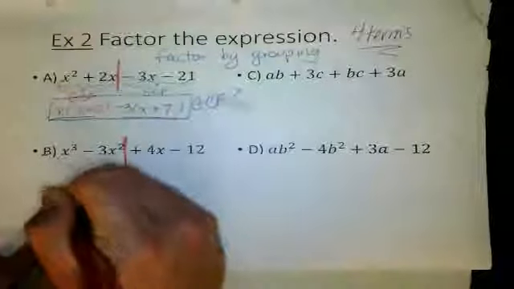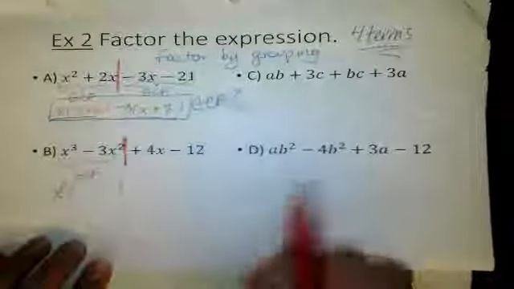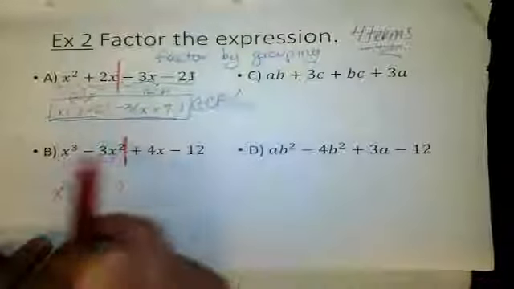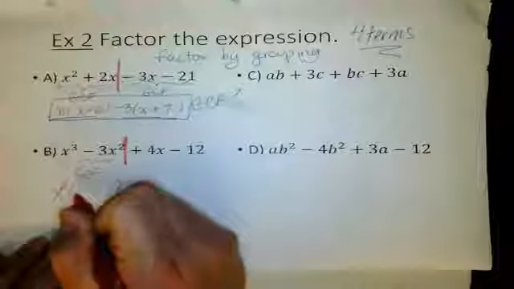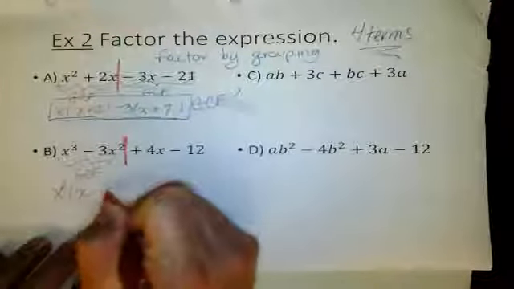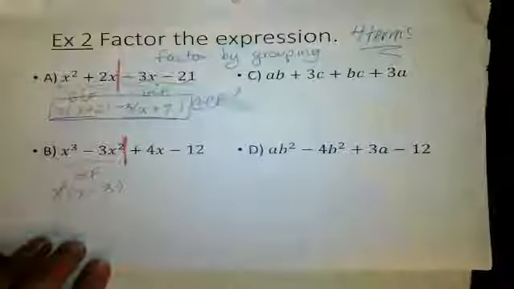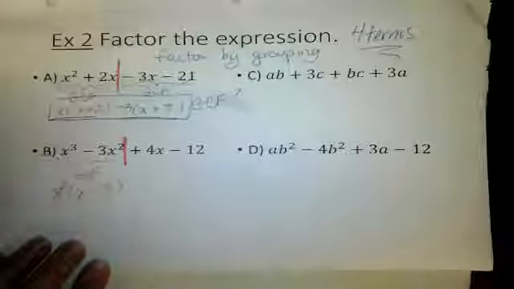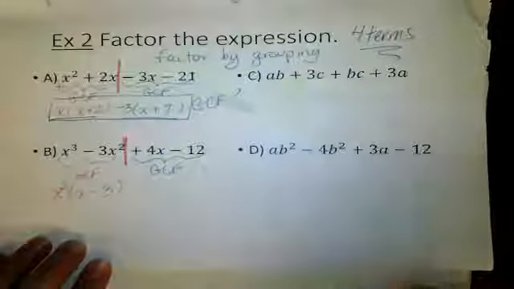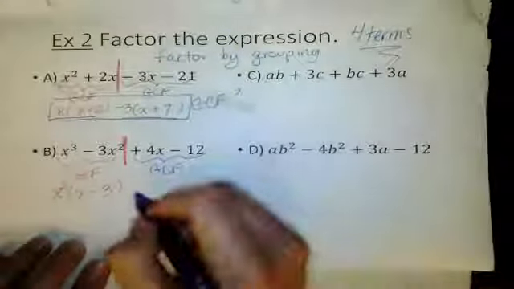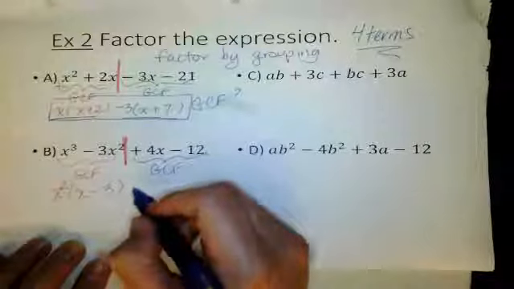X squared. Very good. If I take out an x squared from both of those terms, what's left behind? Very good. X minus 3. Now, looking at the last 2 terms, what's the GCF? Just a 4 or positive 4 or negative 4?